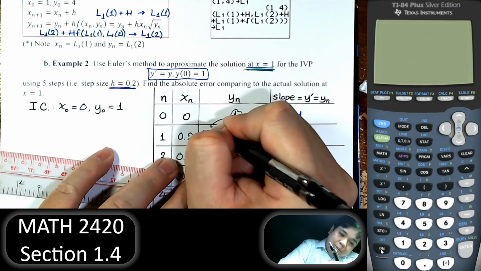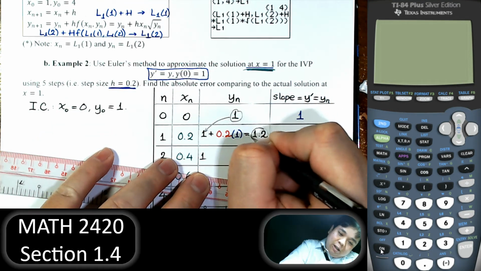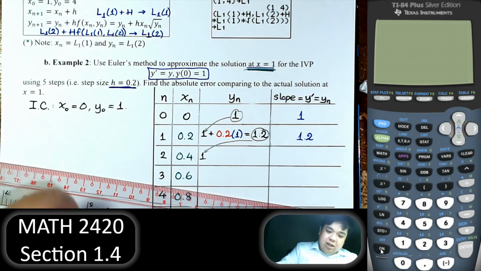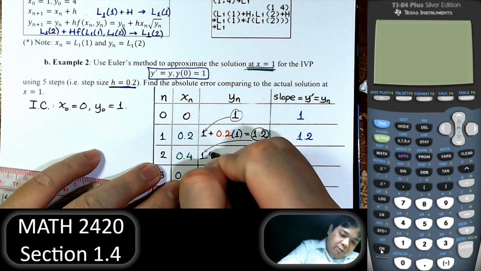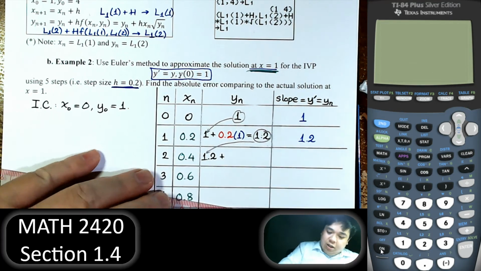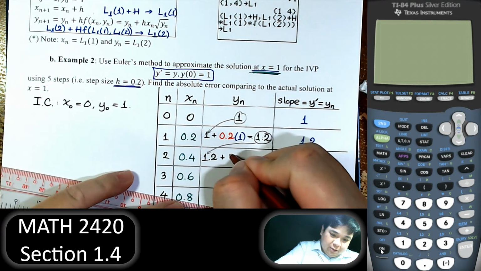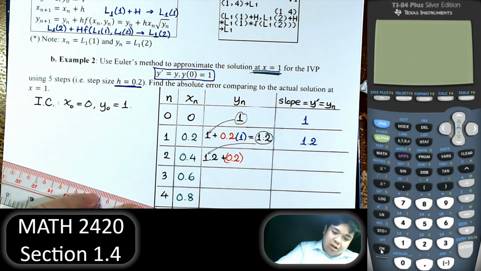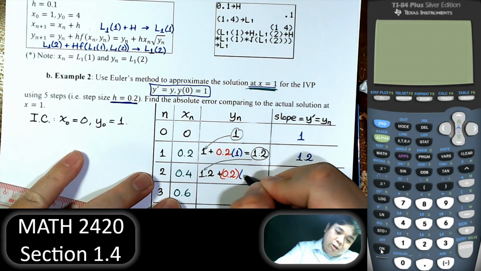So update the old value plus the slope times the step size, 1.2.